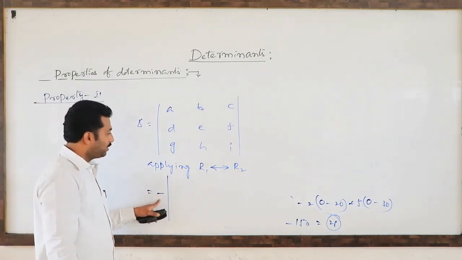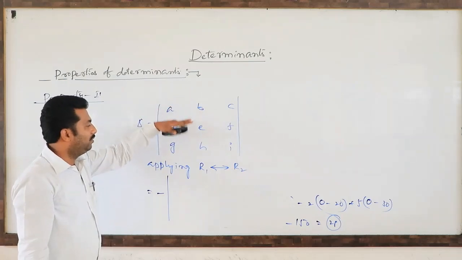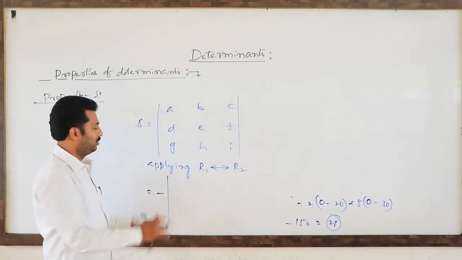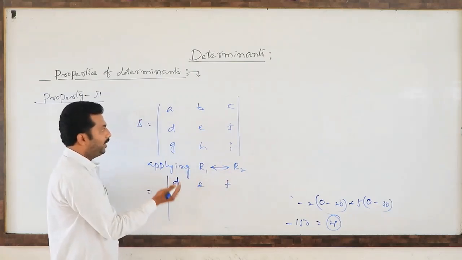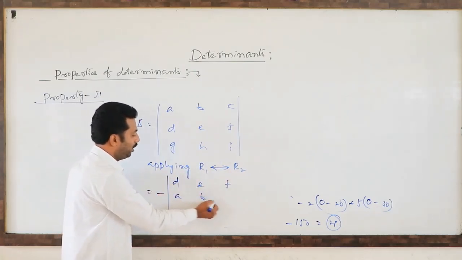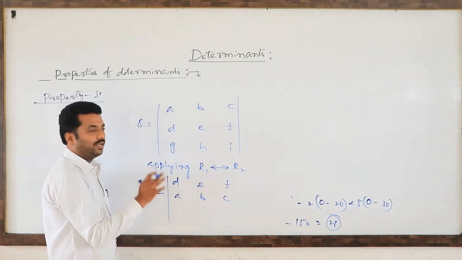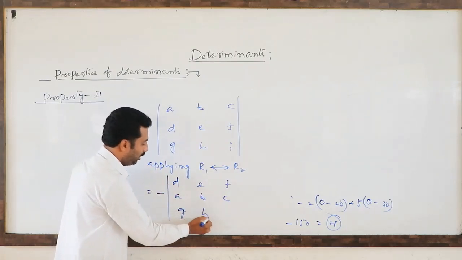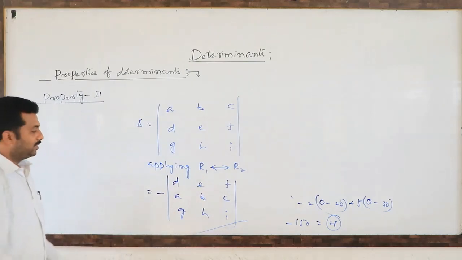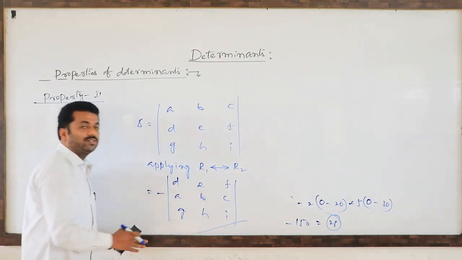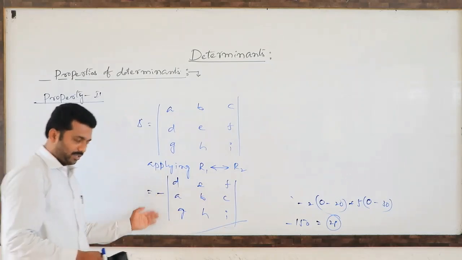After writing minus, what do we have to write? R1 becomes R2, R2 becomes R1. So what is R1 now? D, E, F. What is R2 now? A, B, C. There is no change in R3, that is G, H, I. Like that we have to apply. Suppose again two rows or two columns are interchanged, then this minus becomes plus.